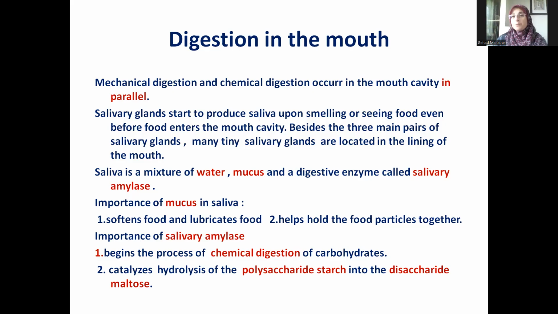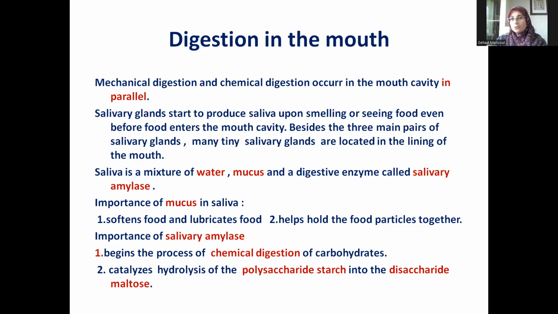What's the optimum pH of salivary amylase? It's the pH of saliva. What's the pH of saliva? It's slightly alkaline. It is 7.2 to 7.4. What's the reason behind the alkalinity of the saliva, and therefore that the optimum pH of salivary amylase is weakly alkaline? The presence of sodium bicarbonate.